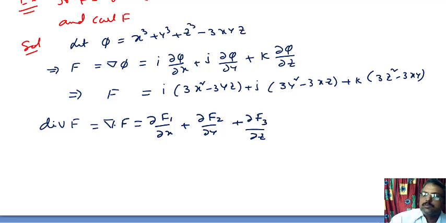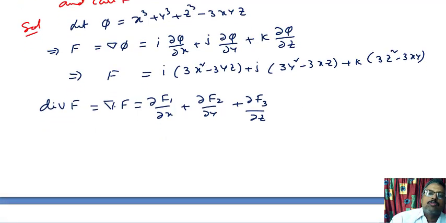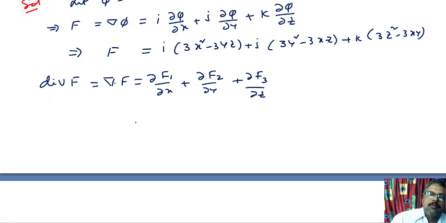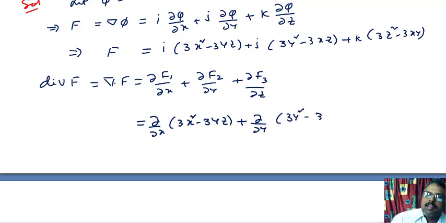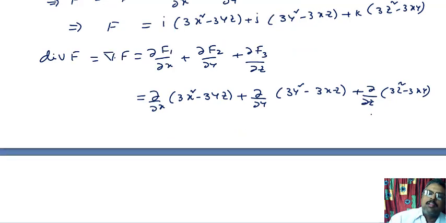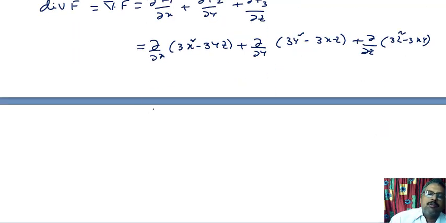Then dou by dou x of f1 is 3x square minus 3yz, plus dou by dou y of 3y square minus 3xz, plus dou by dou z of 3z square minus 3xy.